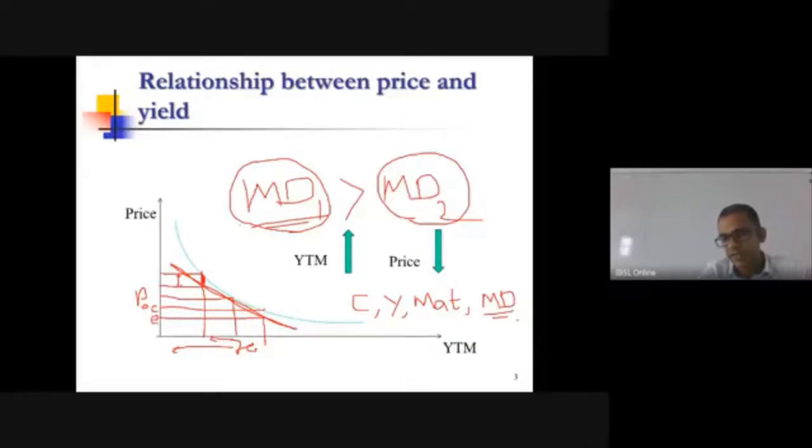If the coupon is high, you get high cash flows. Therefore, the payback period would be short. Modified duration is low. If the coupon and yield are the same, but the maturity is long, what do you expect in the modified duration?